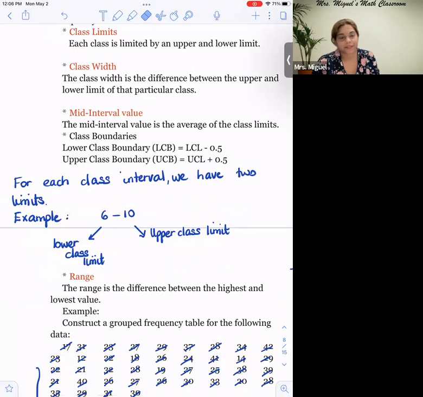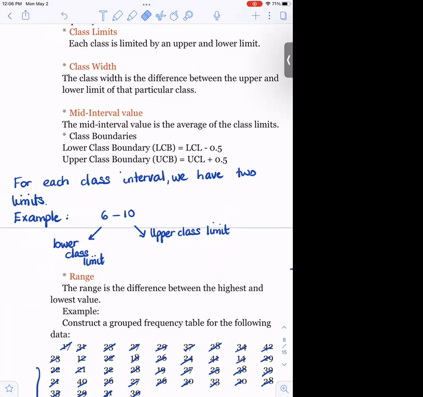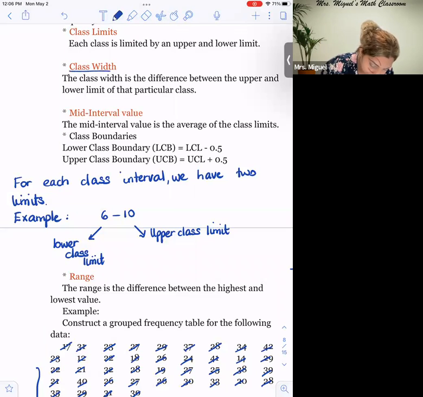Let me know when you finish writing, please. All right. So we have the class width now. Write this. This was 1. This is 2. The class width is the upper class limit minus the lower class limit.